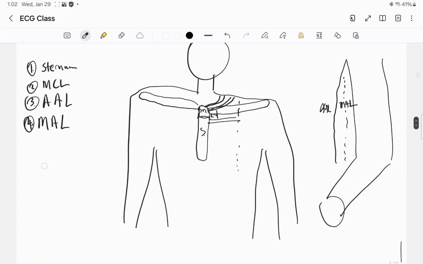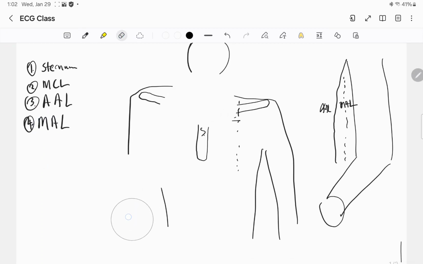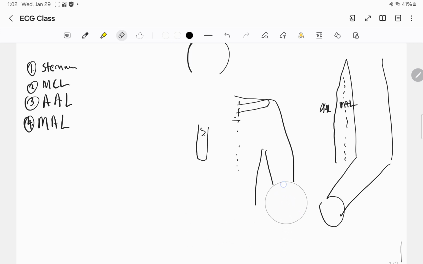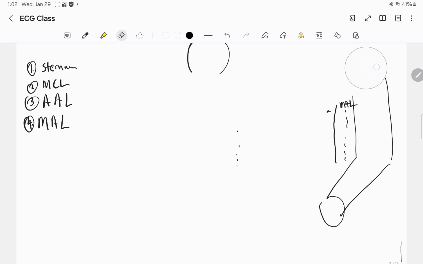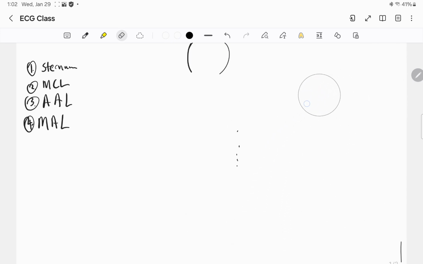So that being said, we're going to simplify this diagram now. So let us say I would find the second intercostal space, right? And I'm going to follow the intercostal spaces down to the fourth space. So let's just draw a sternum.